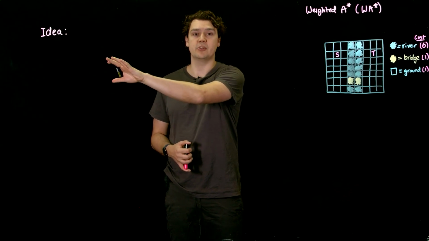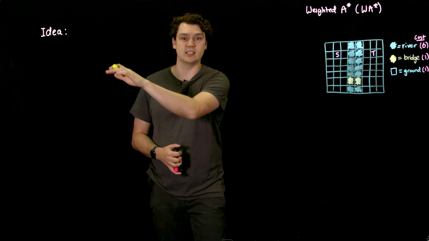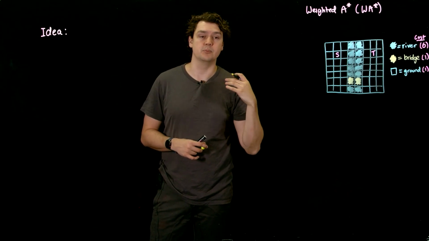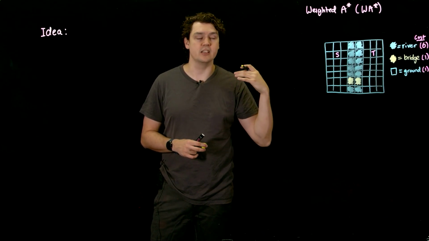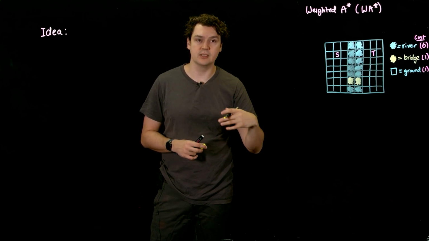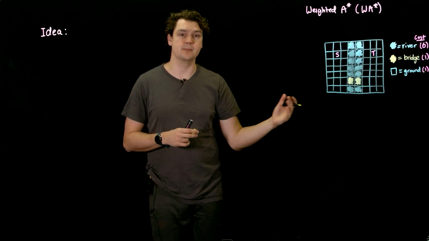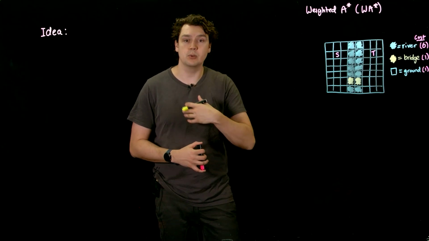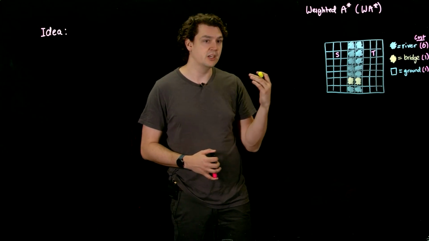So then, let's talk about the idea behind Weighted A*. The idea is just that we are going to multiply the heuristic value by some amount. So how are we going to achieve a speedup? How are we going to push the speed of A* forward?